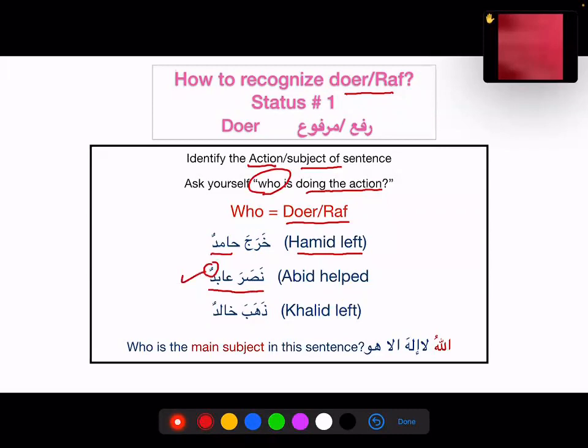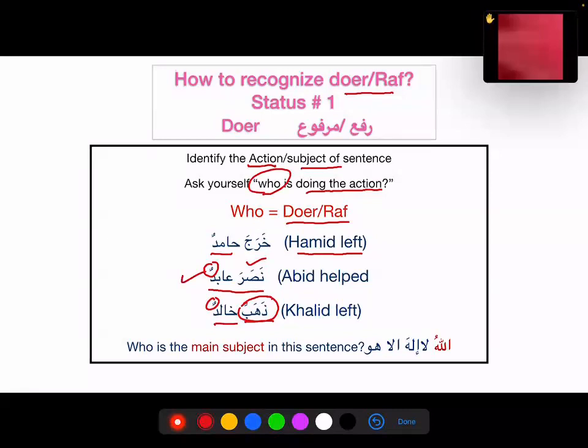So that is our Rafa. And what was the action? The action was helping someone. In the third example, I say Zahaba Khalidun, meaning Khalid left. Zahaba is the action, and who did this action? Khalidun, Khalid did it. That's why Khalidun is Rafa in status. And sometimes, as I said, it can be the subject of the sentence.